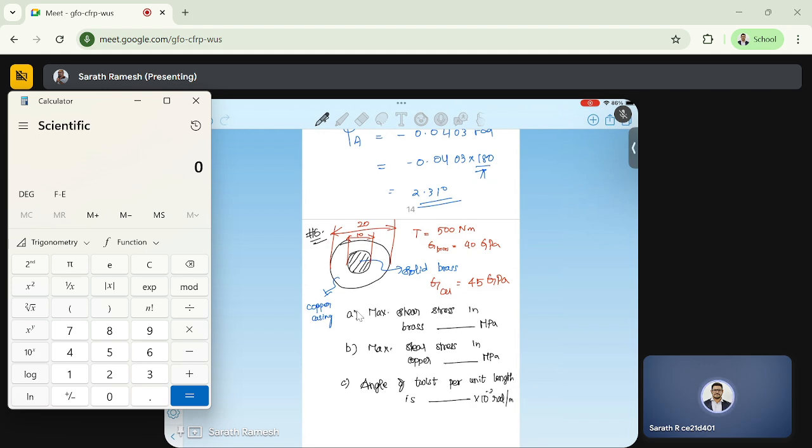So these three things we need to find. Let's solve.